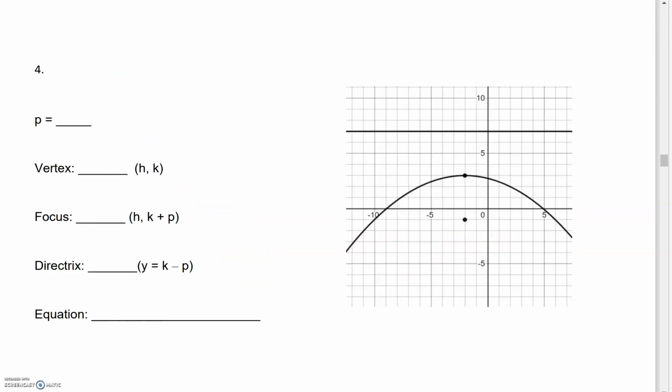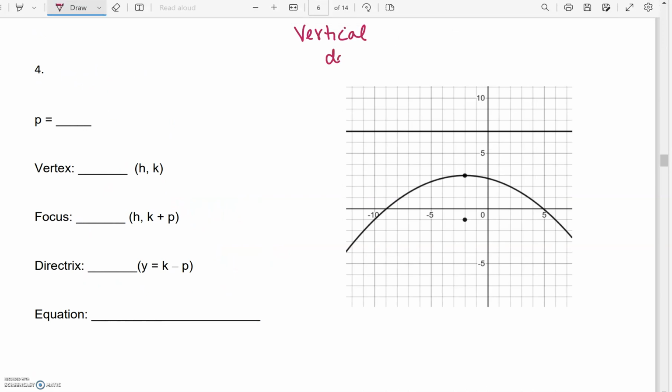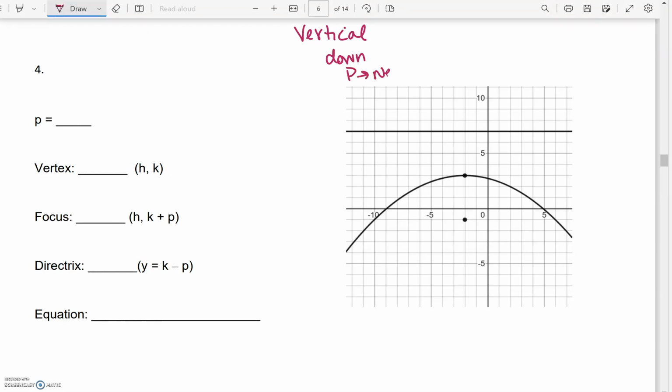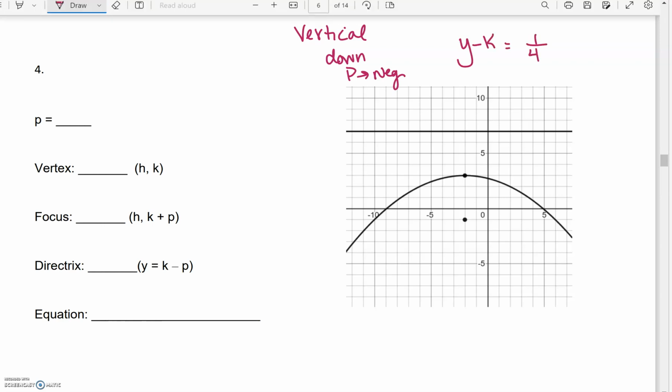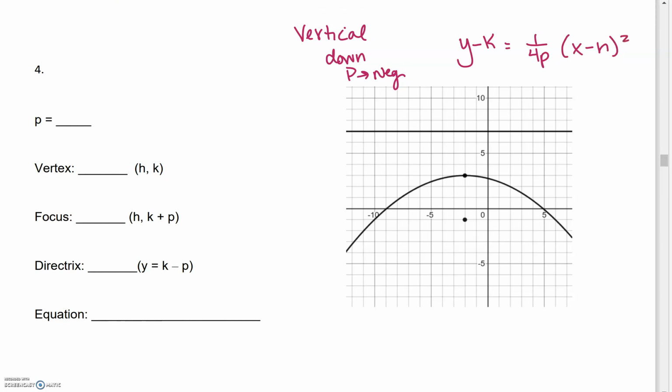So in our last example here, this is a vertical, and we can see that it's opening down, which we know that then the P is negative. And we are going to be using the y minus k is equal to 1 over 4p, and then x minus h squared. Okay, so y comes first when it's opening vertical, right?